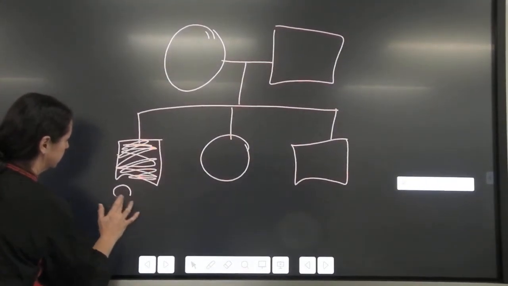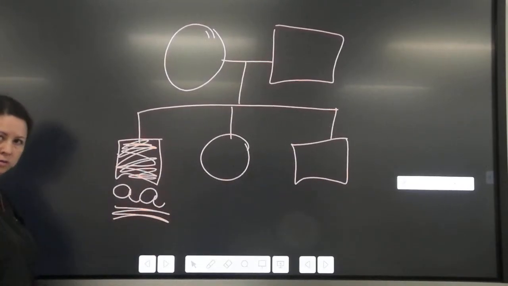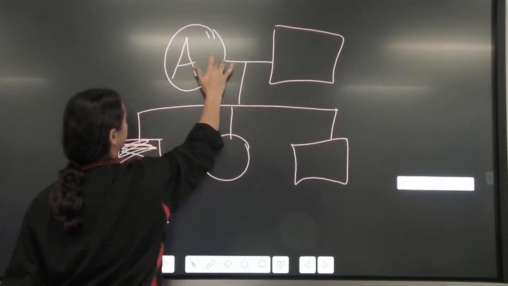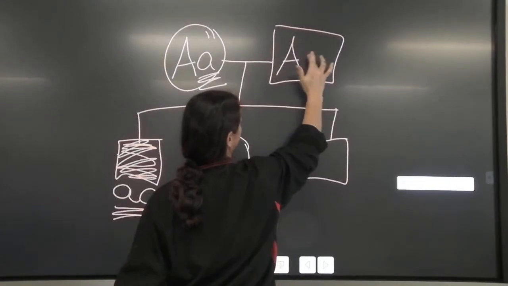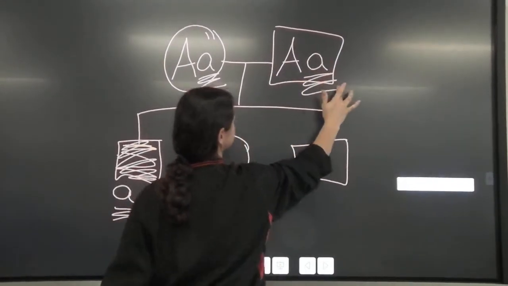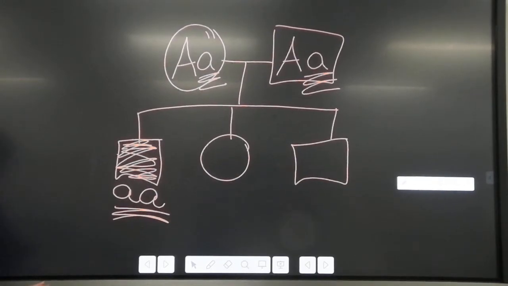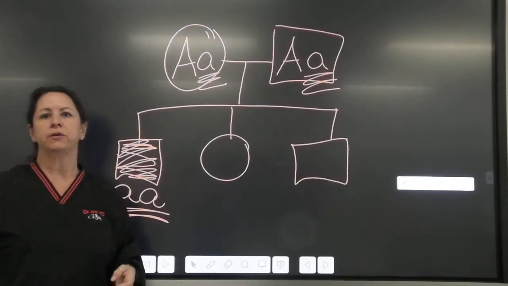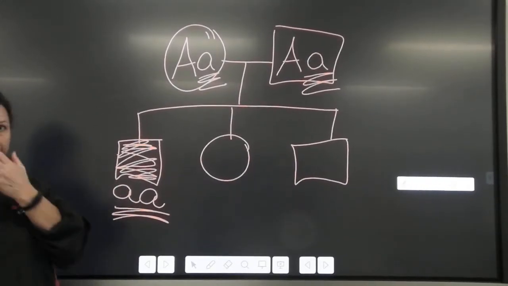Yes, because remember, to show the trait, they got to be homozygous recessive, and that can happen if both dominant parents are heterozygous. And so we now know that the unshaded shapes are dominant, shaded shapes are recessive.